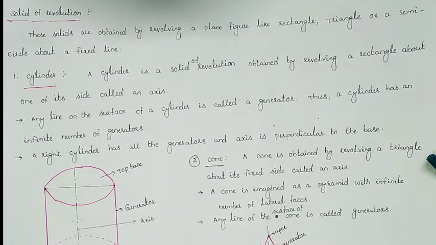So right solids, I am once again repeating, are divided into two types. One is polyhedron and another one is solids of revolution. This is also very important.